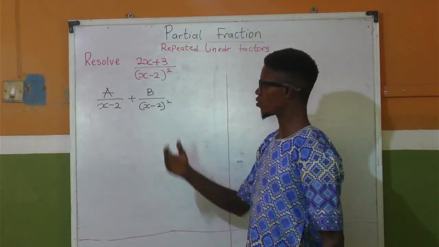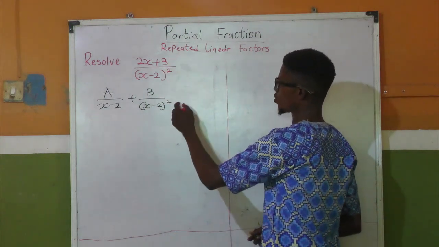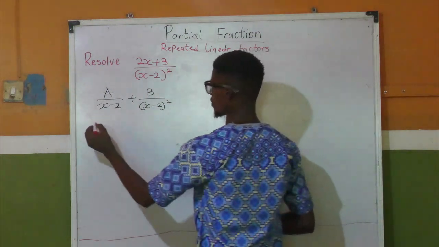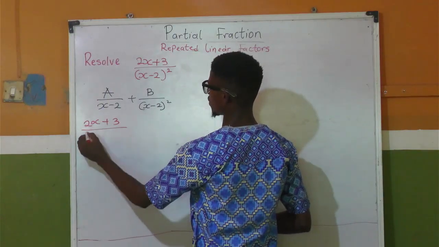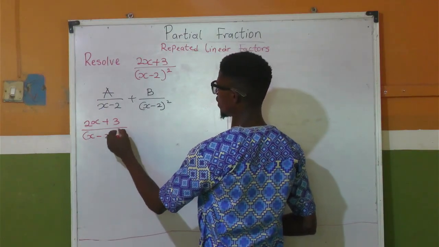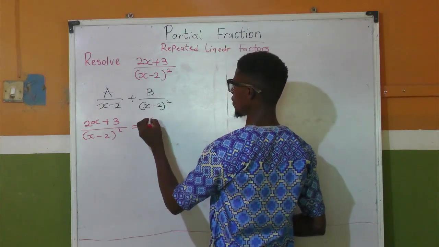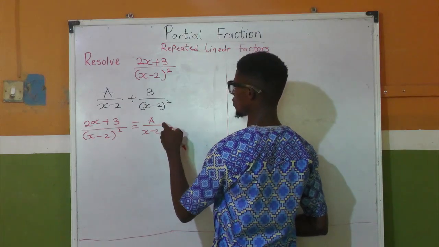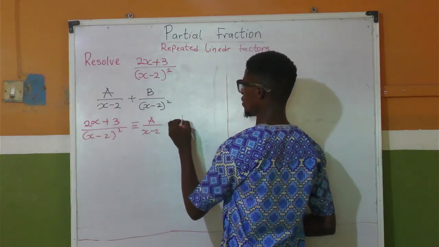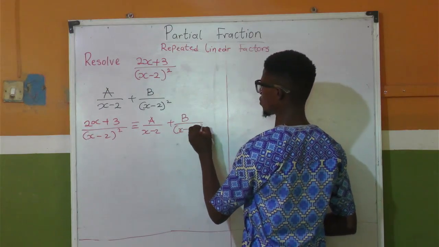So let us solve this now. We are going to equate this to this. We simply say 2x plus 3 over (x minus 2) squared is equivalent to a over x minus 2 plus b over (x minus 2) squared.